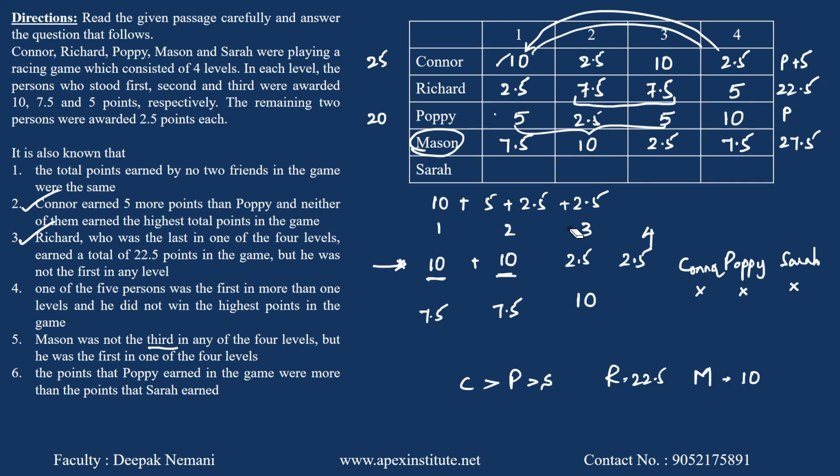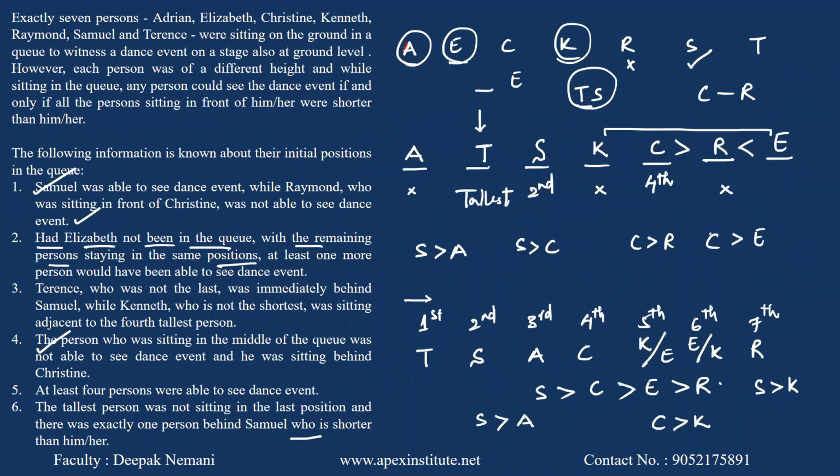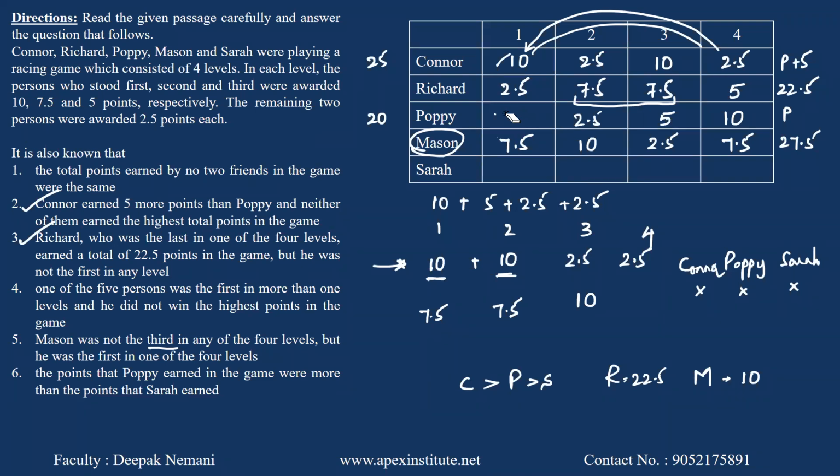Sorry, 1, 5 and 2, 2.5. 2.5 is correct. So 2.5 here. Now these three can be in any order. So you can have 5 here, 2.5 here, and 2.5 here, or 2.5, 2.5, and 5. Now here we are left with 5, 5, 2.5, and 2.5. So Sarah's score was 15. And this completes the set.